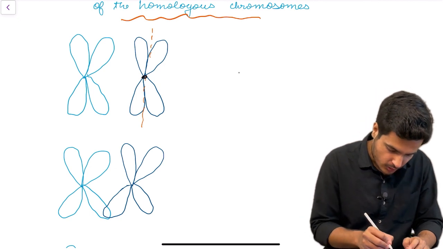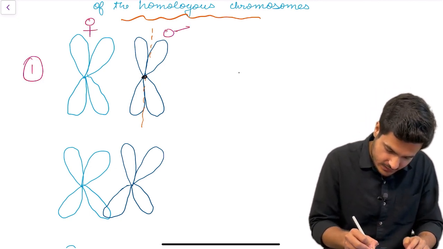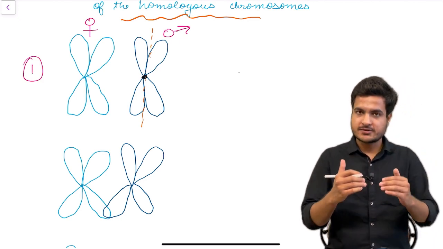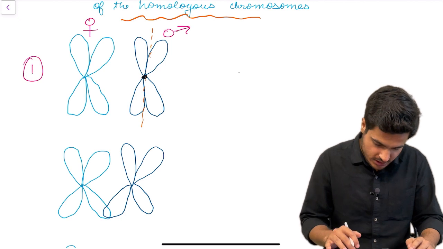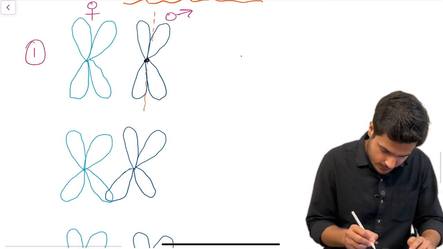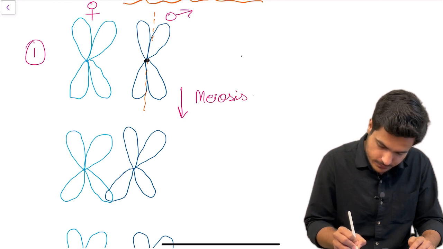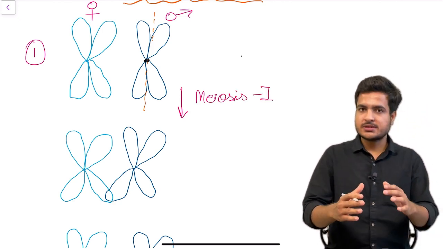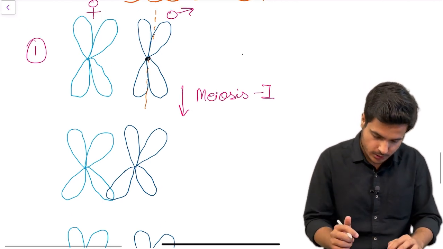If we are talking about chromosome number 1 from our mother and from our father, these will have the same length and the same position of alleles of different genes. Now these will come together during meiosis 1. At some stages, which we'll learn in detail in the next video, these will come closer to each other.